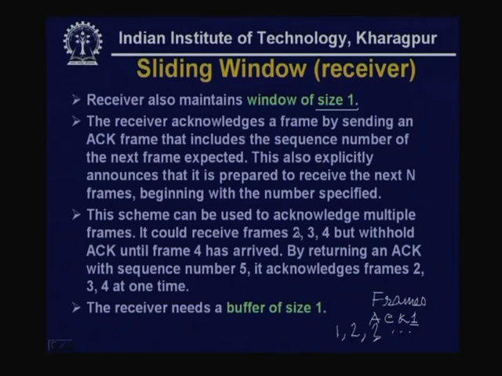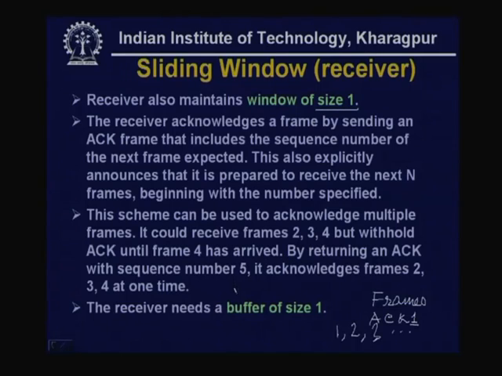This scheme can be used to acknowledge multiple frames. So, it is not necessary that for each frame received by the receiver, it has to send an acknowledgement. It is possible to send a single acknowledgement for a number of frames. And how can it be done? Let us see. Suppose it has received 3 frames 2, 3 and 4, but withholds acknowledgement until frame 4 has arrived.